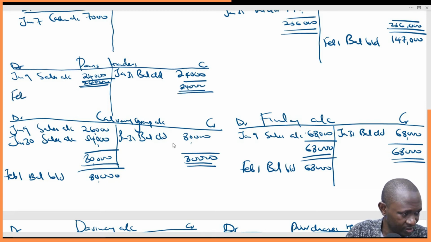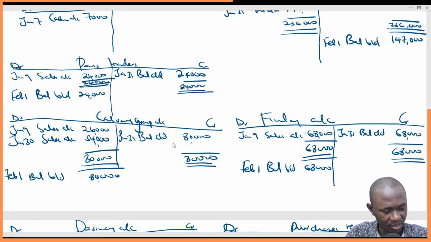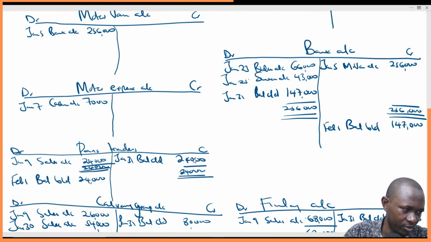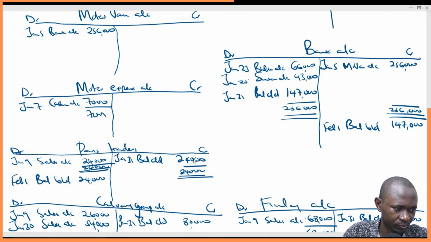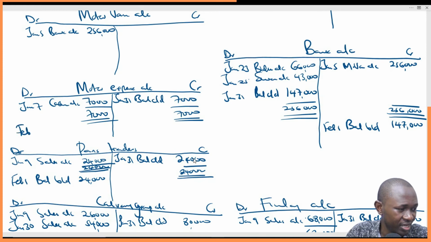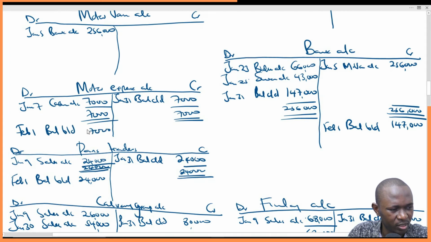And then you say Feb 1st balance brought down 24,000, like that. So here we'll also have 7,000 as a balancing figure. Then January 31st, balance carried down 7,000. Then Feb 1st, balance brought down 7,000.